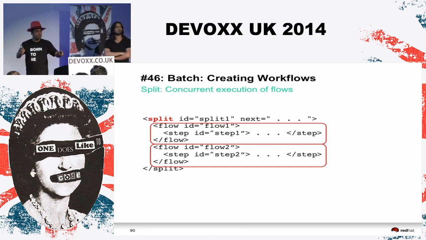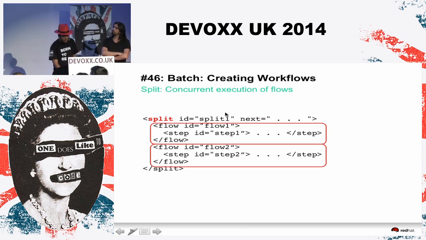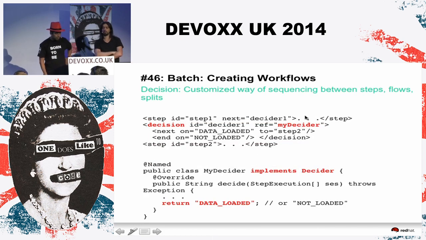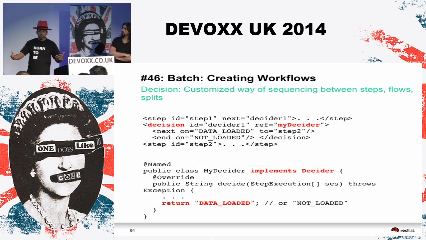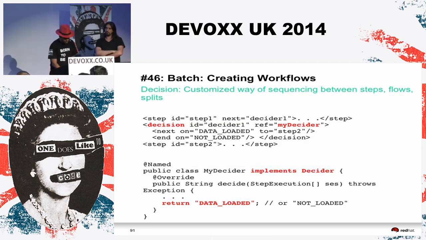That I want these two flows to run concurrently. So you just say split, and then you can say after the two flows are executed, this is the next task that I want you to execute. The workflows can also be created programmatically. So let's say you don't have an understanding of how your deployment environment is going to look. Then you create the flows programmatically in this case.